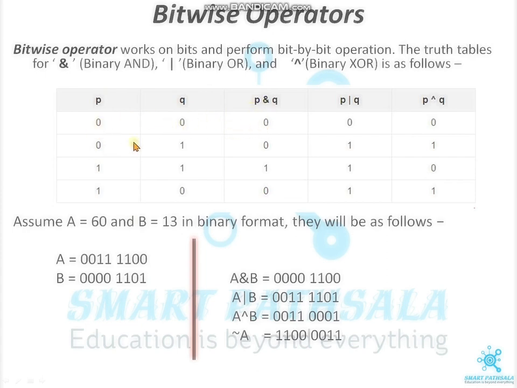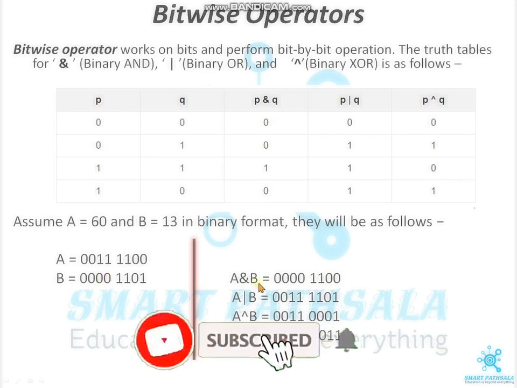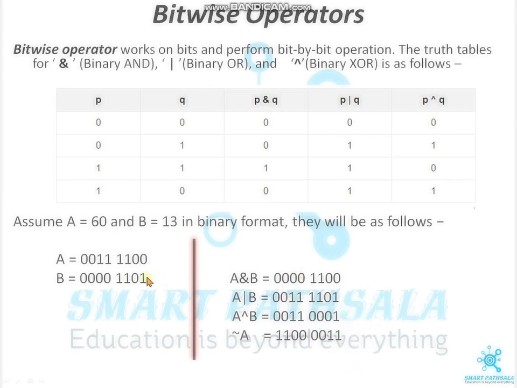So here, if we do the operation bit by bit: 0 and 0 is 0, 0 and 0 is 0, 1 and 1 is 1, 1 and 1 is 1, 1 and 0 is 0, 1 and 0 is 0, 0 and 0 is 0, 0 and 0 is 0.